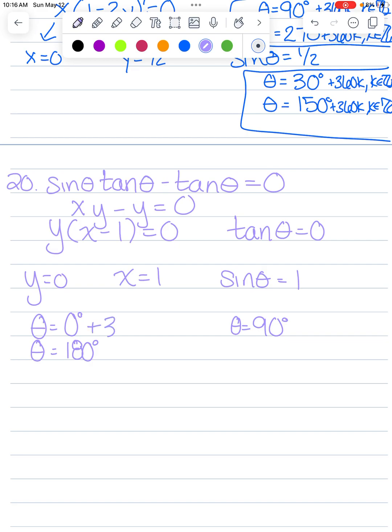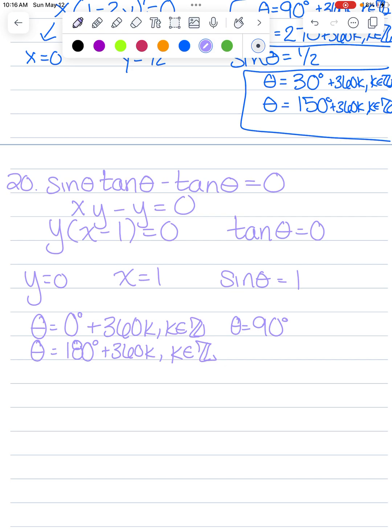So, plus 360 degree k, k is an integer. Plus 360 degree k, k is an integer. And now let's chat about 90 degrees, because in all actuality, I should have plugged in, I should have checked, and I didn't do that with the first two.